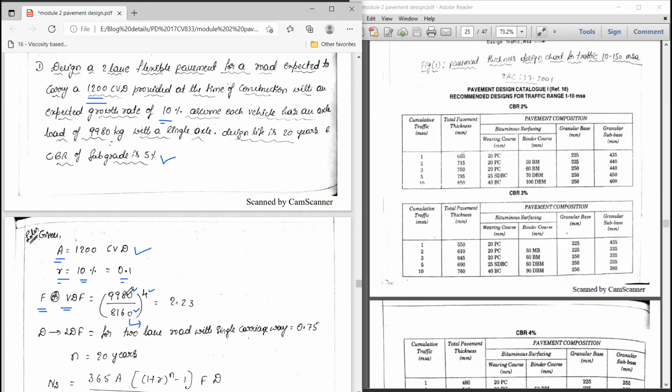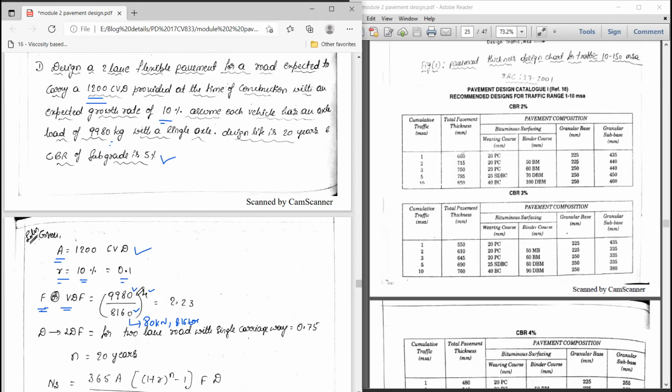Suppose he had given it in terms of kilonewton, then you have to consider in the denominator 80 kilonewton if the numerator value is in terms of kilonewton. If the numerator value is in terms of ton, you have to consider in the denominator the standard axle weight as 8.16 ton to calculate the F value. So please have a note on this section.